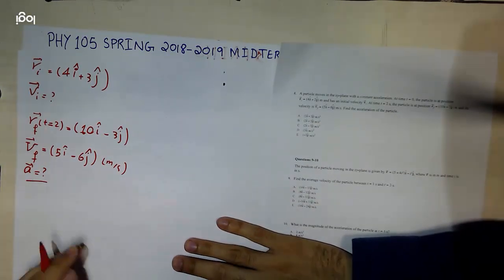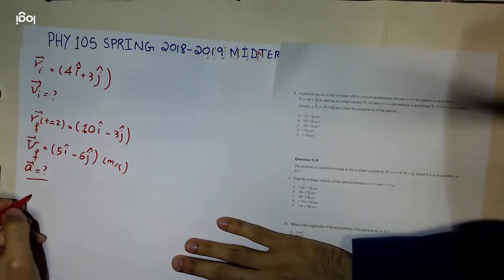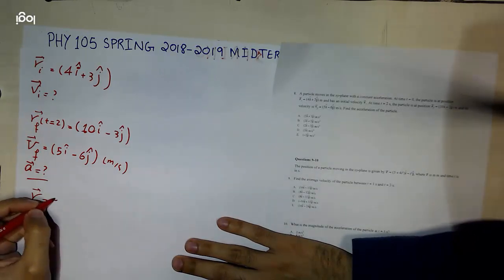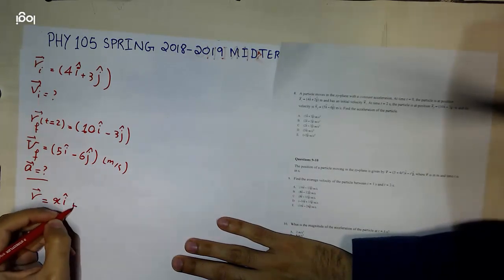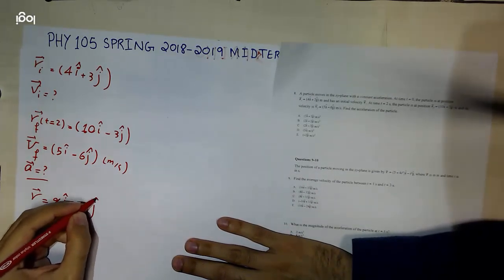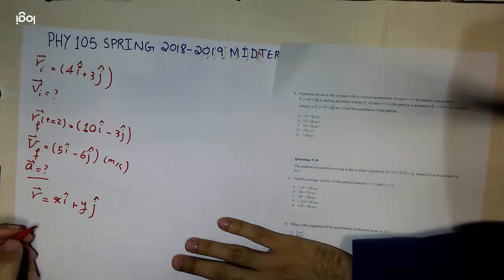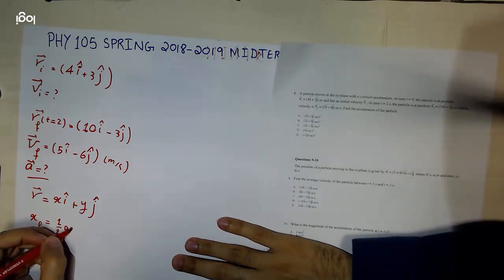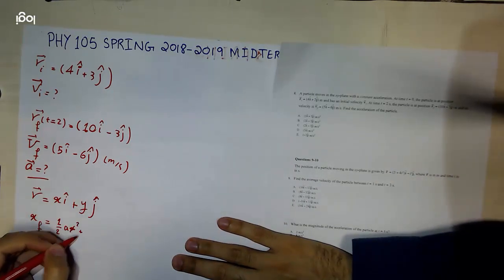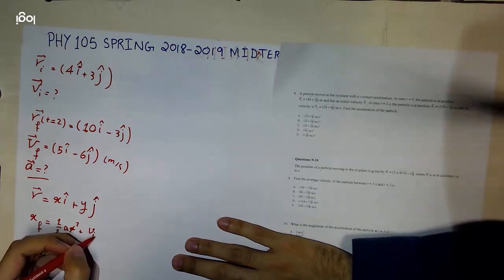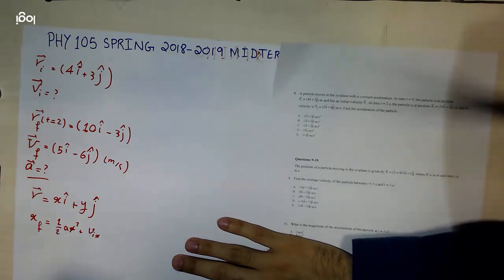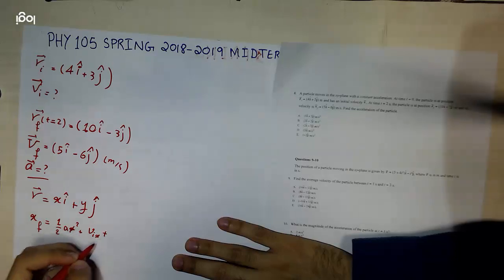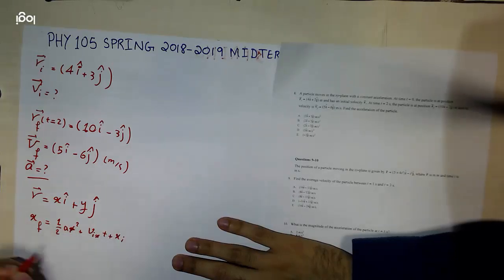Let's resolve r into x and y. Let's say that x final is equal to 1 over 2 a t squared plus V initial x times t plus x initial.